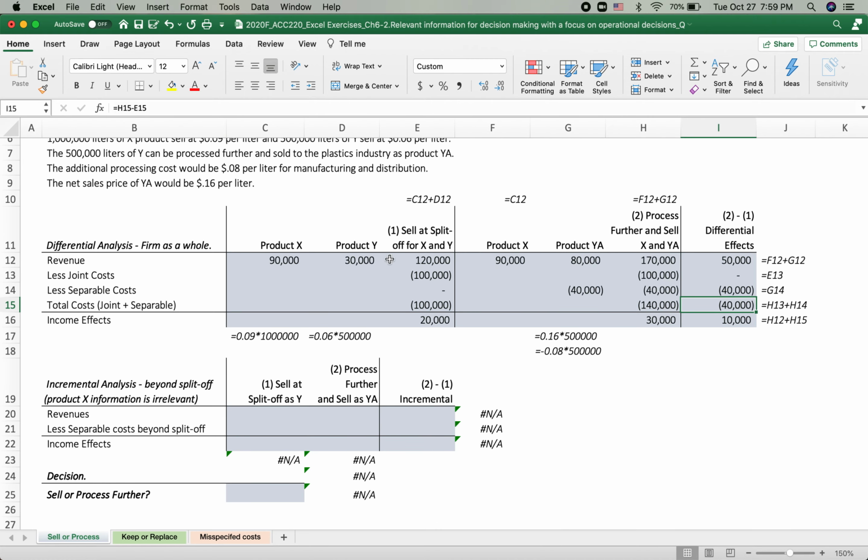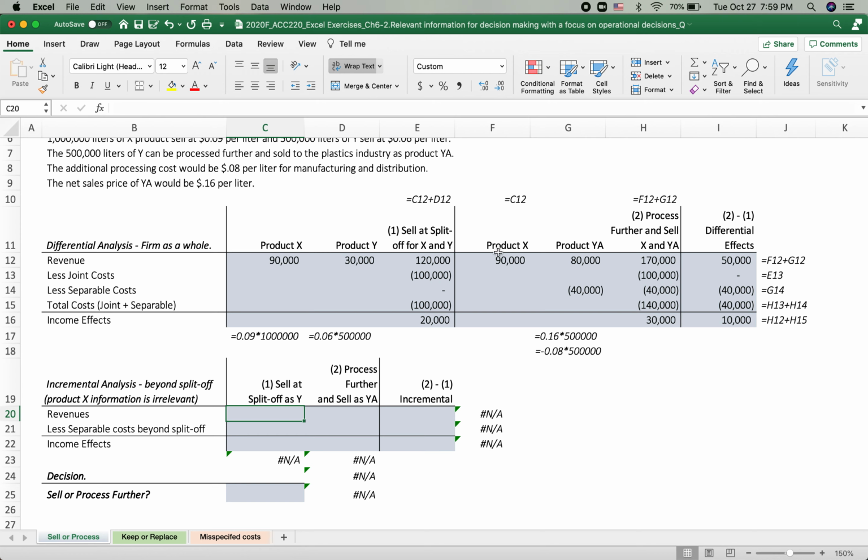As we practiced that, we have a very long way to go. But if we use the incremental analysis beyond the split up point, excluding the irrelevant information, then we can get the result very fast. Here, we don't have to have the product X information.